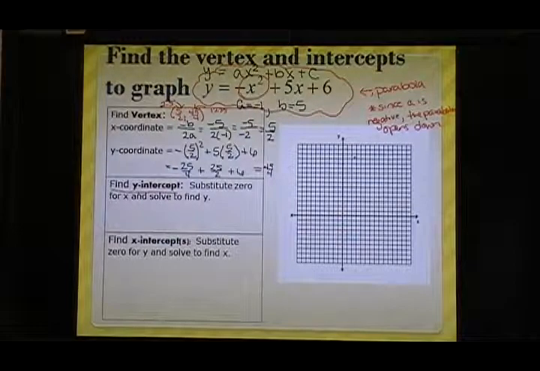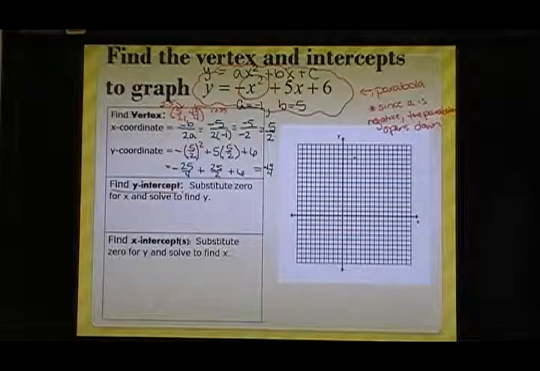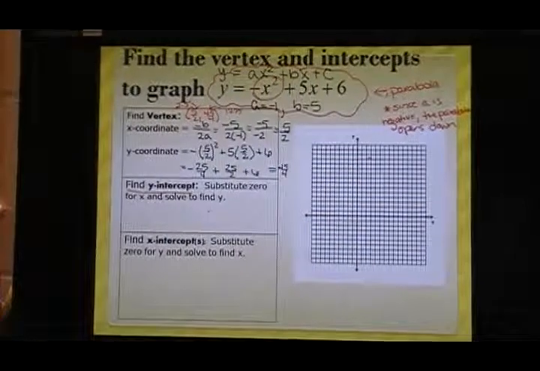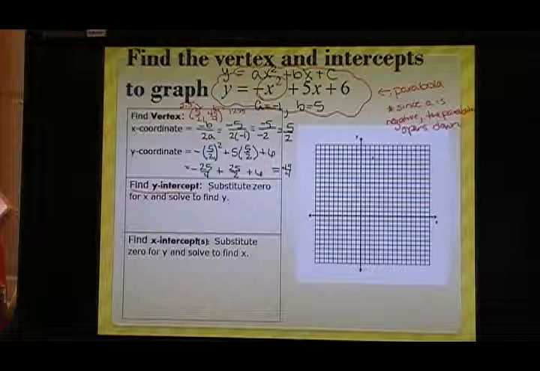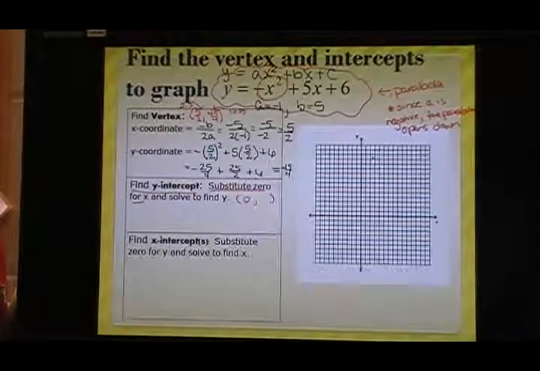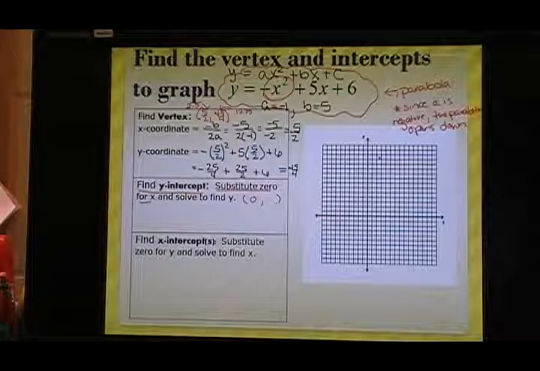So anytime, it doesn't matter if it's a line, a parabola, a square root function, it doesn't matter what you're dealing with, if you're looking for a y-intercept, you want to substitute 0 for x and then solve for y, because you know it's going to have 0 for the x-coordinate.